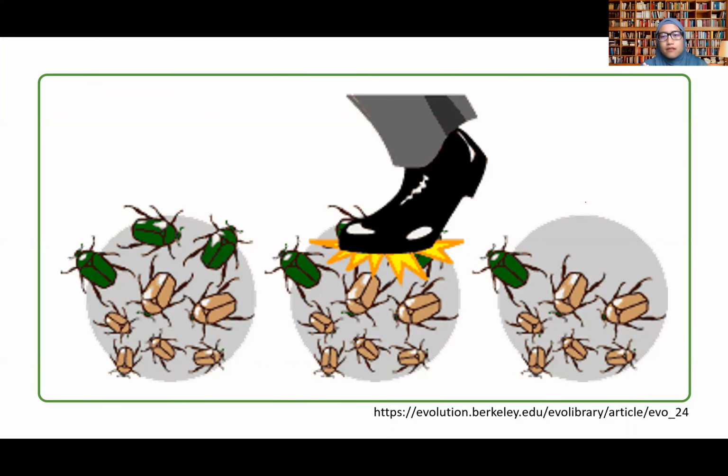Because it happens by chance, for example, here the green beetle and the brown beetle, suddenly a person just walks past and happens to step on the green beetles. So for the next generation, we will see a decrease in the population of the green beetle because not that many green beetles survive when compared to the brown beetles. Okay, so it's just by chance.